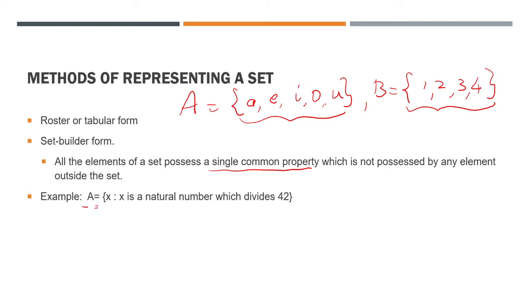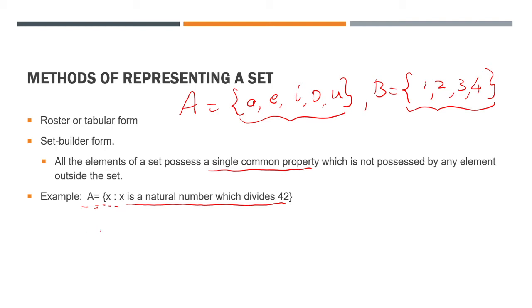Here this single common property is x is a natural number which divides 42. So this is how we can represent a given set in the set builder form.